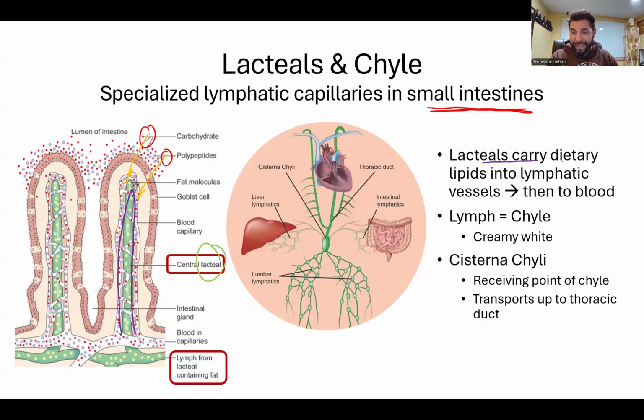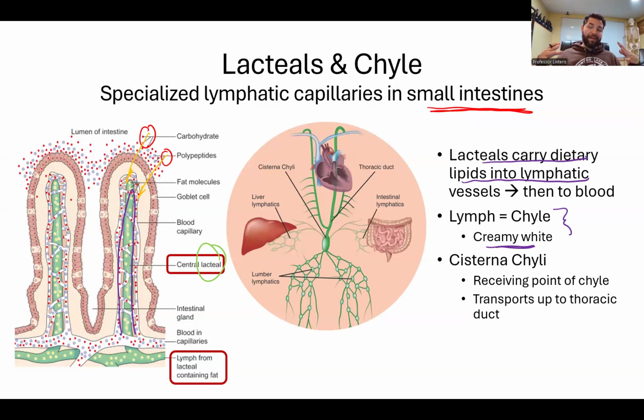So lacteals carry digestive, dietary fats into lymph vessels. Then they'll ship it to the blood eventually. It is a creamy white color, called chyle, because it contains fats, right?